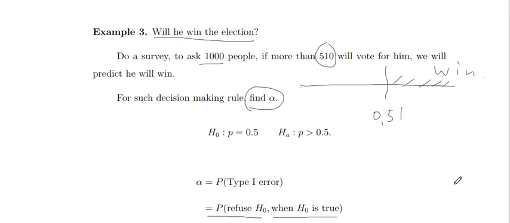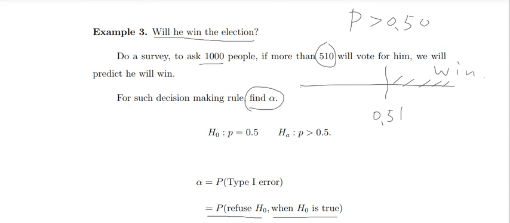We're talking about whether this guy will win or not. Winning means his proportion will be larger than 50%. So H0 is that he cannot win.